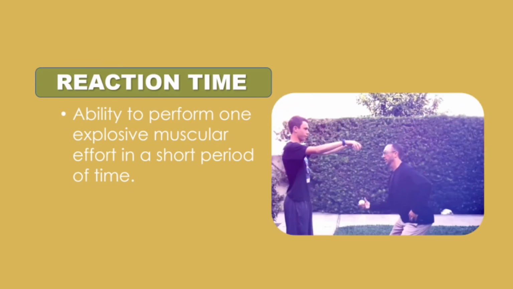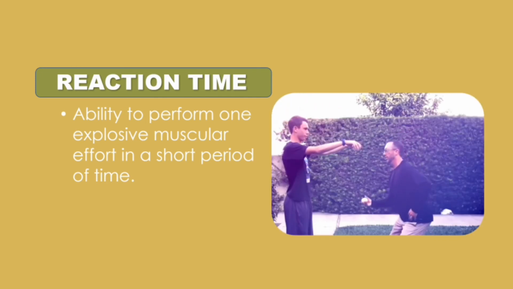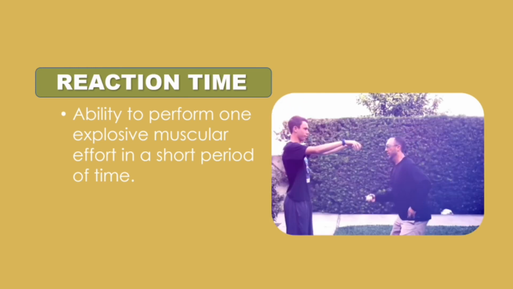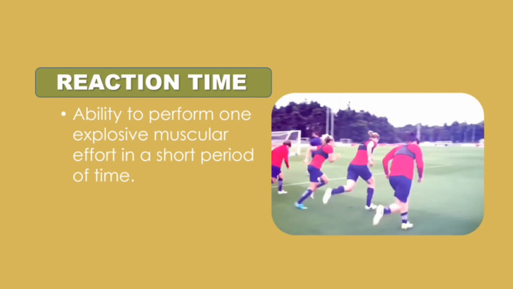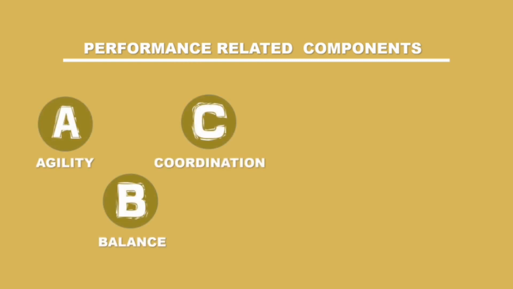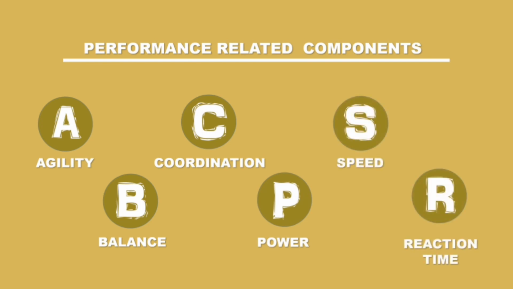It is the amount of time it takes to start a movement once your senses signal the need to move. The quicker the reaction time is, the faster a response will be made. And those are the 6 performance-related components of physical fitness, namely agility, balance, coordination, power, speed, and reaction time.